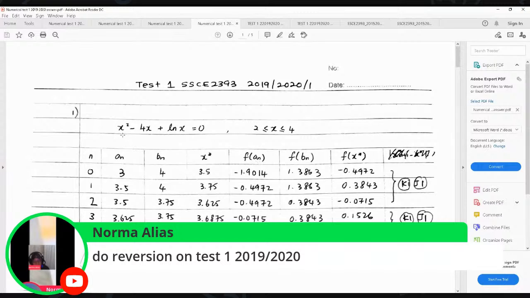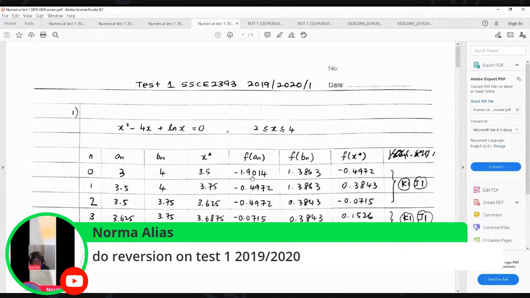FA is 3 squared minus 4x plus ln x, x is equal to 3, right? So you can get negative 1.9014. FB is 4 squared minus 4 times 4 plus ln 4. So the answer is positive 1.3863, all right? And then FC is f(x) is equal to 3.5 squared minus 4 times 3.5 plus ln 3.5 is negative 0.4972.